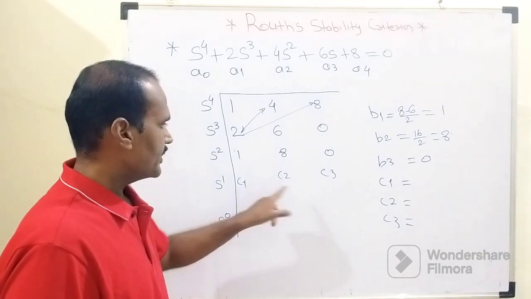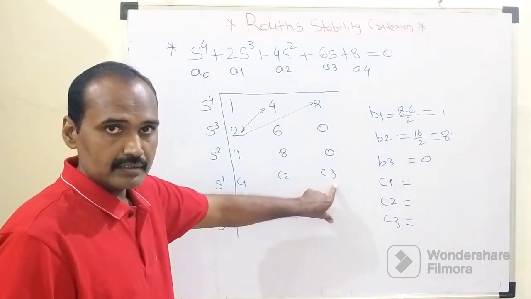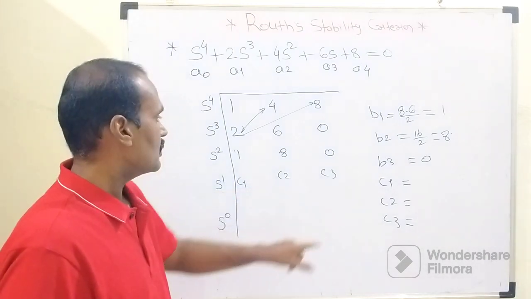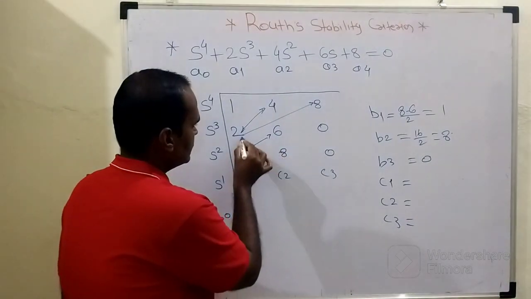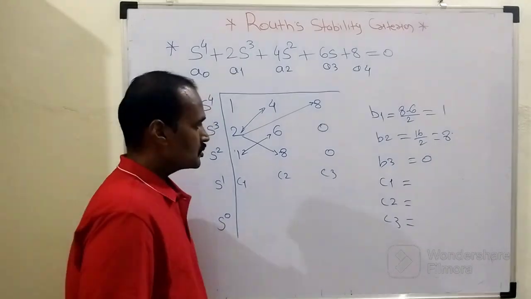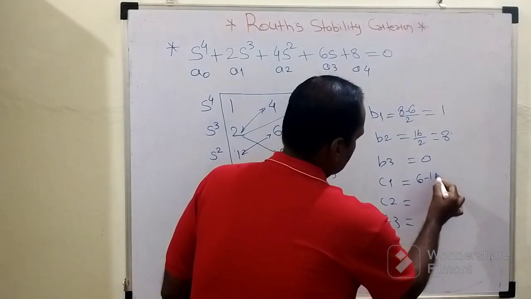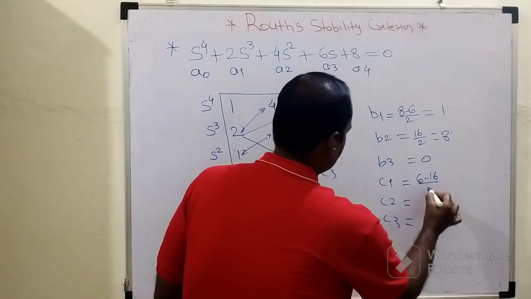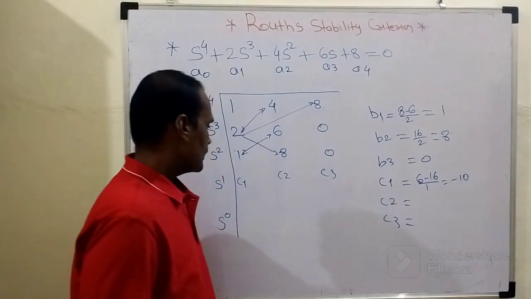In order to determine C1, C2, C3, row number 2 and row number 3 elements are taken into account. So 1 into 6, 6, minus 8 into 2, so 8 2s are 16. So 6 minus 16 divided by 1, it will be minus 10, that is C1.